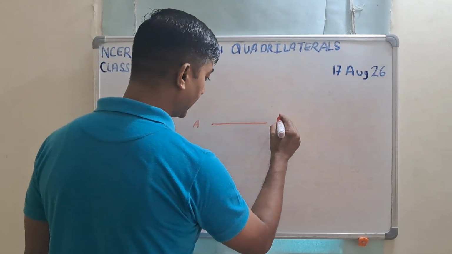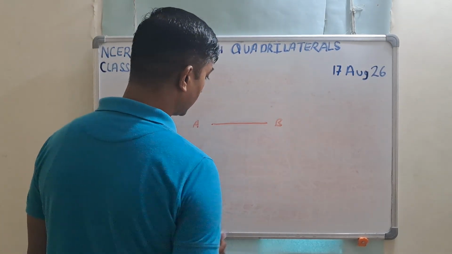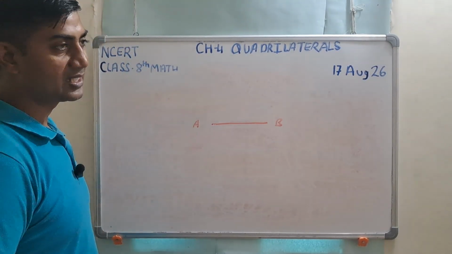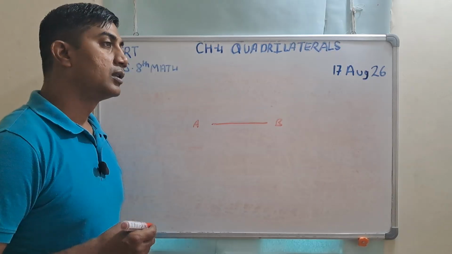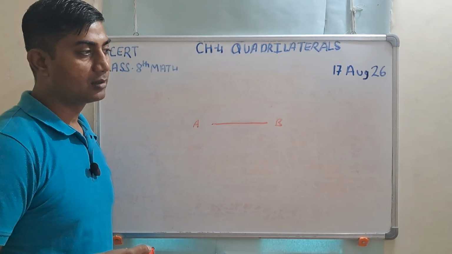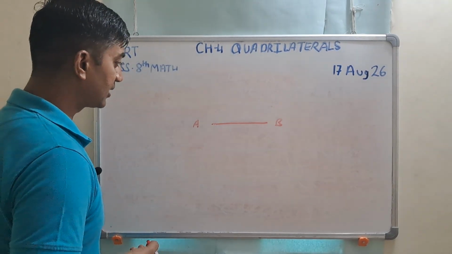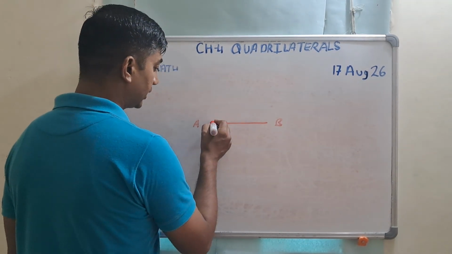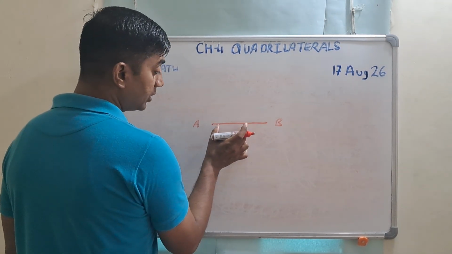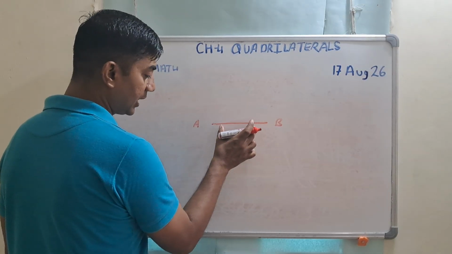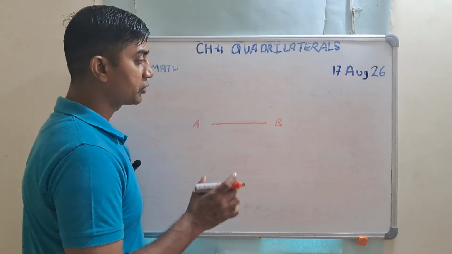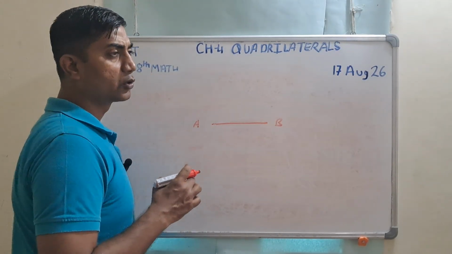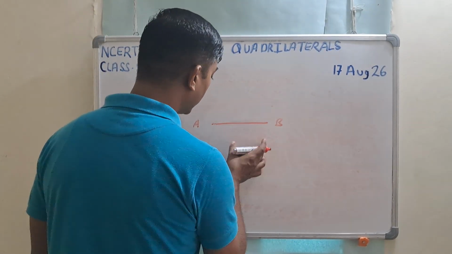Understood? With the use of a scale. Now find the midpoint. How will you find the midpoint of this line? You can find the midpoint by using your compass. Take a radius more than half of the length of this line segment, which means more than 3 centimeter, since we know.